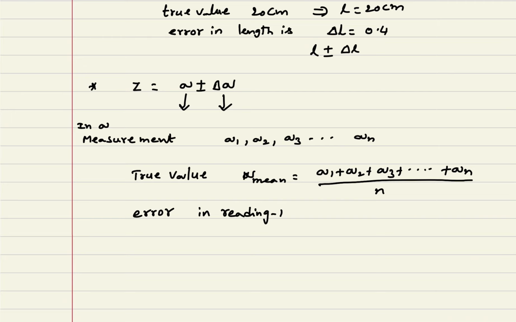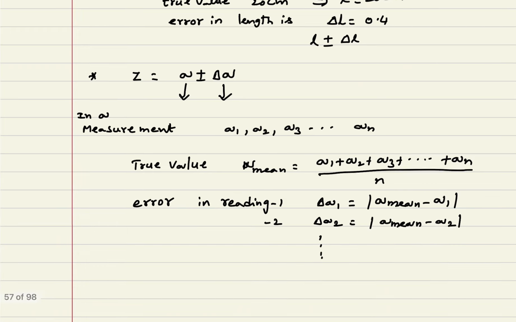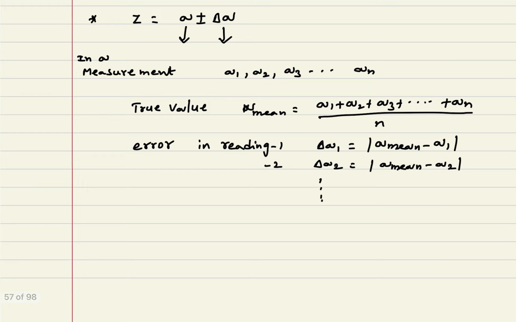If I want to calculate the error in reading 1, I can write delta a1 is equal to a mean value minus the first reading, taking the magnitude value. Similarly, error in reading 2, delta a2 is equal to a mean value minus a2. If I continue for all the n readings, the error for the nth reading is a mean minus an.